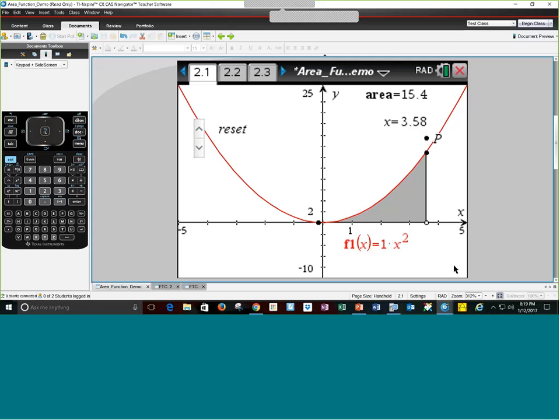And I think when a student sees, whether they're doing it on the 84 or on the Nspire, that area accumulating and that connection to the fundamental theorem and what it means with the evaluation part, and then how that builds this new function that becomes the antiderivative, I think it does build conceptual understanding.